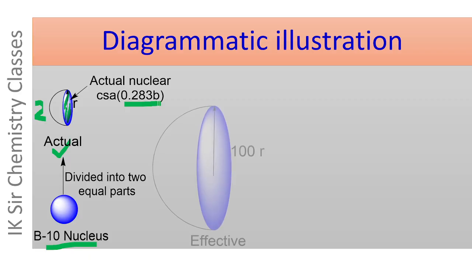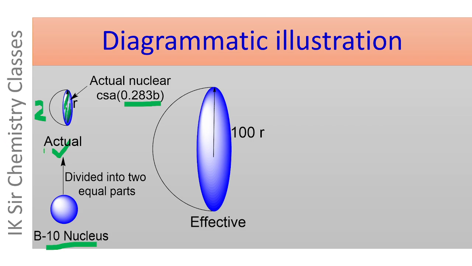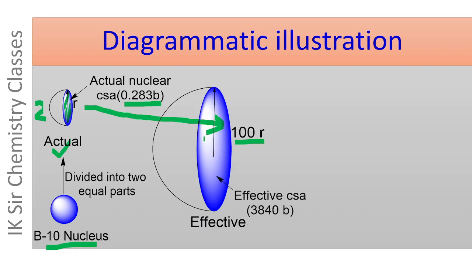But the situation is different. In actual practice, the effective radius of B10 nucleus for capturing neutrons is about 100 r, 100 times greater than the actual radius, and the effective cross-sectional area is 3840 barn.